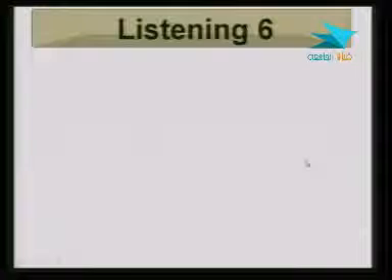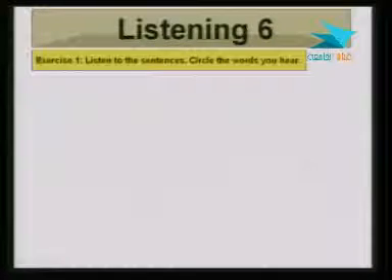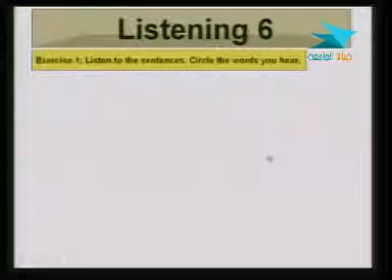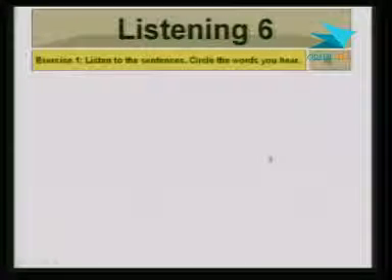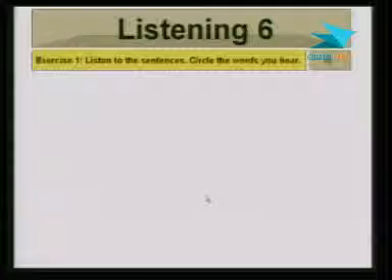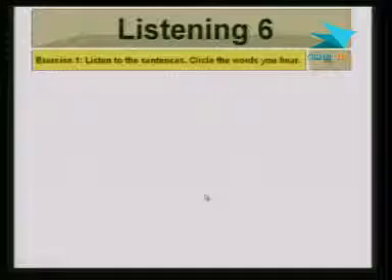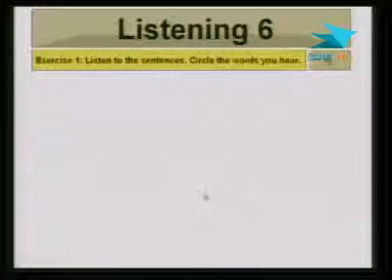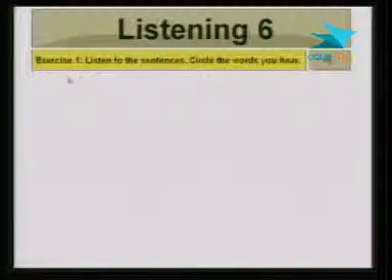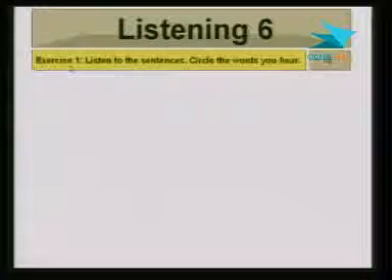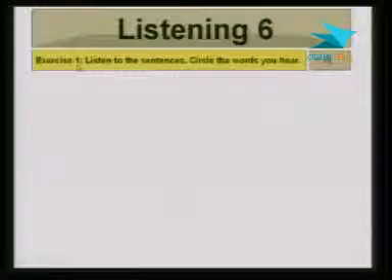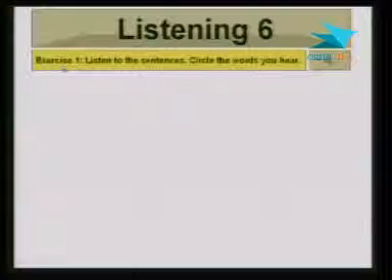All right. Now, we have a listening exercise, and it's taken from your book. You will listen to it here, but you can also listen to it several times on your CD when you buy the book. The way I number the exercises here is different from the way they're numbered in the book. So this is exercise 1.